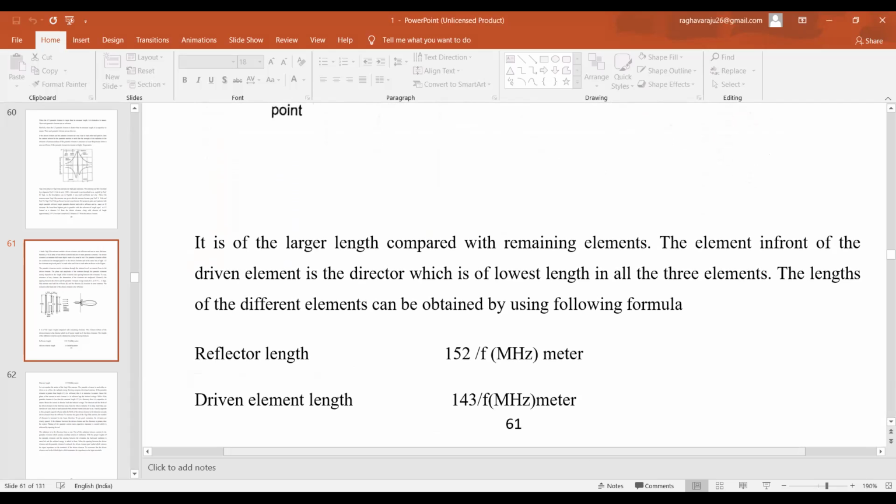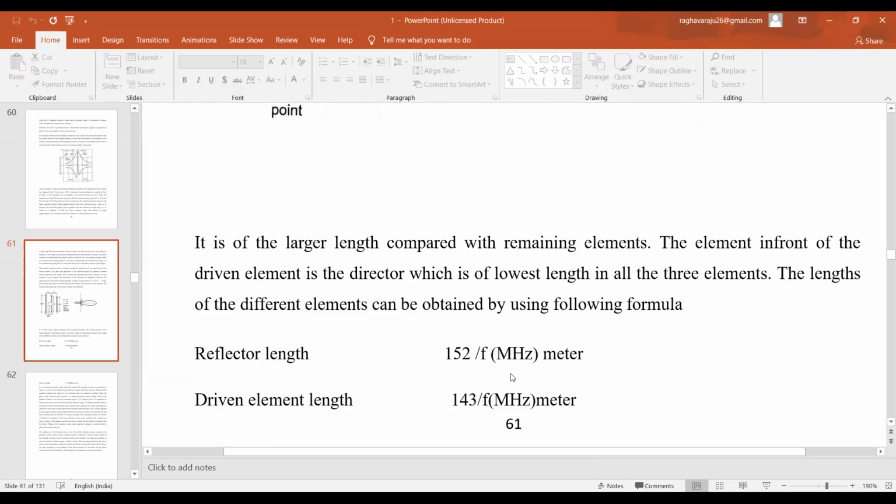The reflector is of larger length compared with the remaining elements. The element in front of the driven element is the director, which has the lowest length of all three elements. The lengths of the different elements can be obtained by using these formulas.